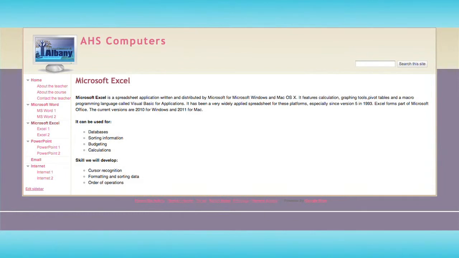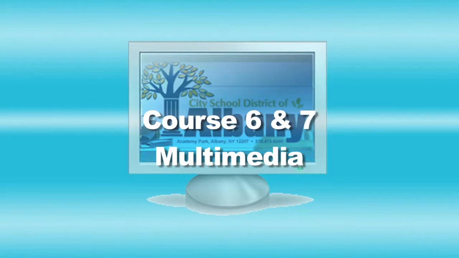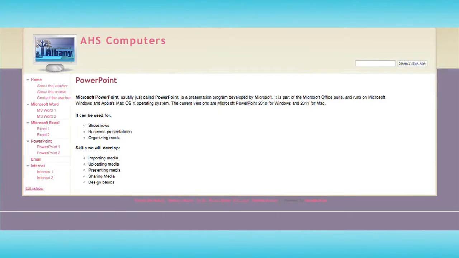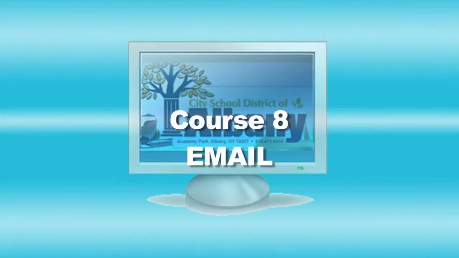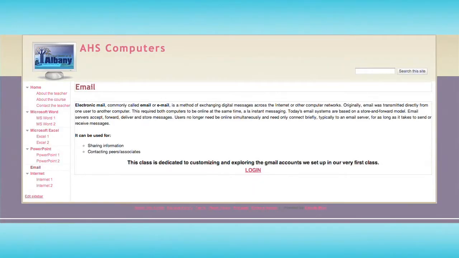These courses would also give a very brief introduction to computer science so that students had a basic understanding of how a computer thinks. Courses 6 and 7 would focus on interacting with multimedia in a presentation program. In these lessons, we would also cover file organization and how to save data. In Course 8, we return to the Gmail accounts we created in the first course, and give a complete rundown of how email works and its many beneficial uses.